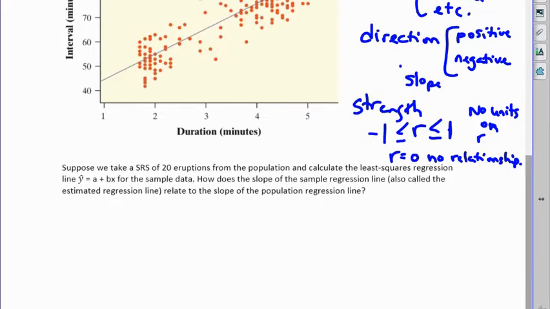Y hat, the predicted y, is equal to a plus bx for the sample data. How does the slope of the sample regression line, also called the estimated regression line, relate to the slope of the population regression line? So remember that our sample values are unbiased estimators of the population values.